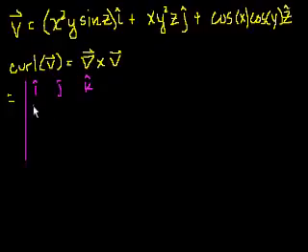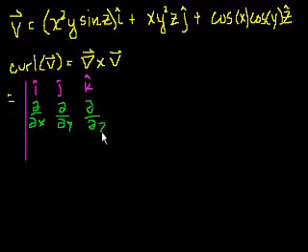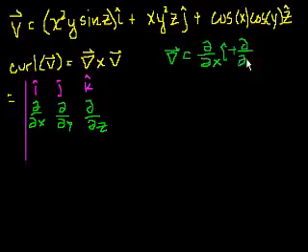And what are the components of the del operator? It's the partial derivative with respect to x, the partial derivative with respect to y, partial derivative with respect to z. Let me just rewrite the del operator. You could view it as being equal to the partial with respect to x i plus the partial with respect to y j plus the partial with respect to z k. So it's x, y, and z components, and then the second row is where we're taking this operator cross the vector field.